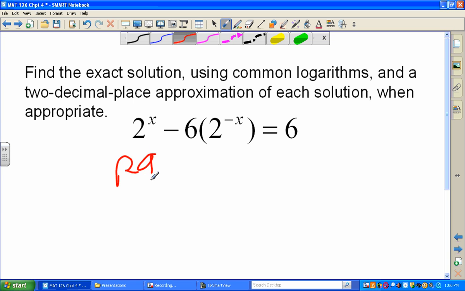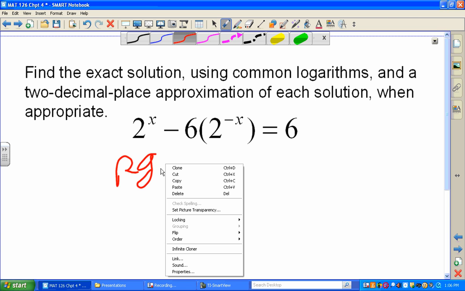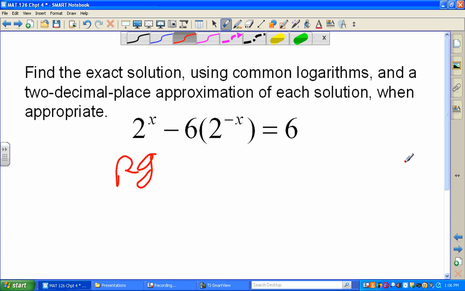Page what? All right, go ahead and slide it back over. Page 348. 1 through 19. Odd. Good. Nicely done.